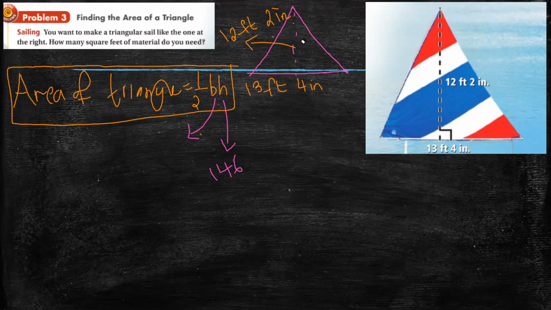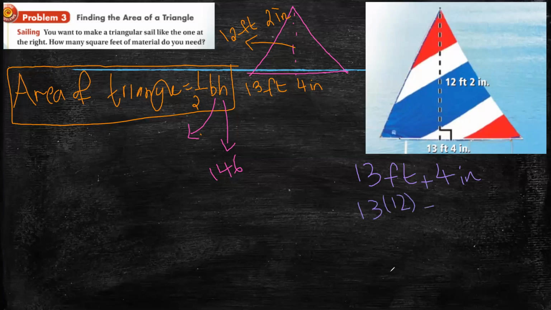Now back here. So here I have now 12 feet and also 13 feet 4 inches. As I said, it's a plus. So 13 times 12 plus 4. 12 times 12 is 144 plus 12 is 156, plus 4, which is 160 inches.